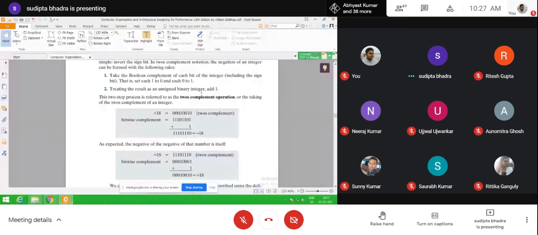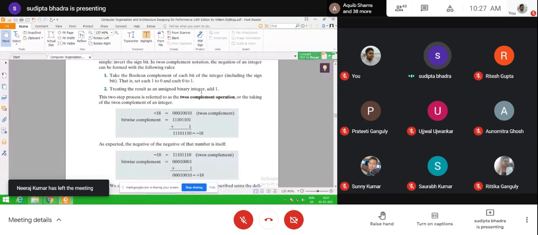Unsigned integer means that in 2's complement the MSB is normally treated as the representation of the sign. In 8 bit, if the 7th bit is 1, it represents minus 128. But for an unsigned binary integer, although it is 1, we do not treat it as minus 128.